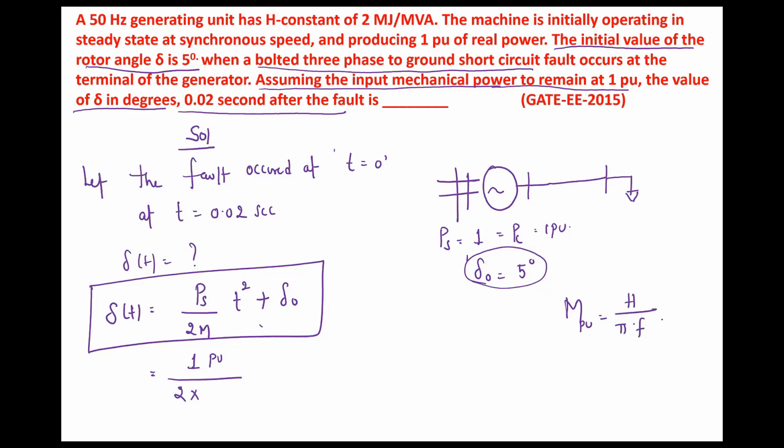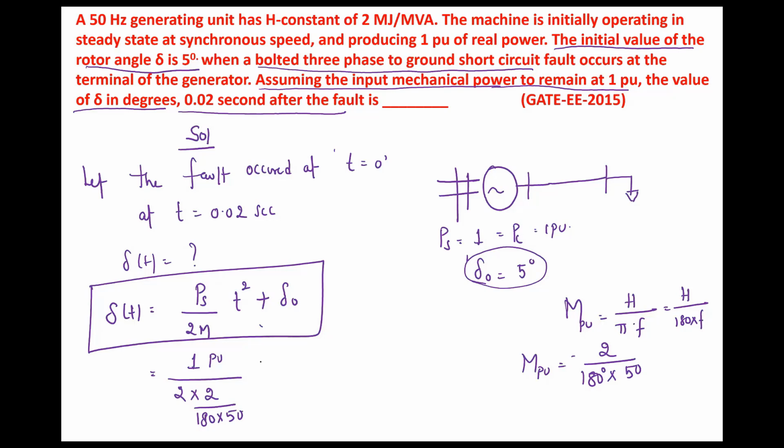However, here he is asking for the delta value in degrees. So I have to substitute here H divided by 180 into f. So the M per unit value will become, H value is 2, divided by, sorry, not pi, 180 into 100... 180 degrees into the frequency, which is 50 hertz. If you substitute these values, you're going to get 2 into 180 by 180 into 50.